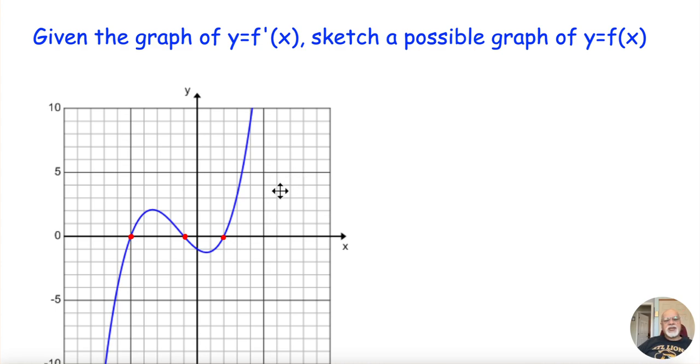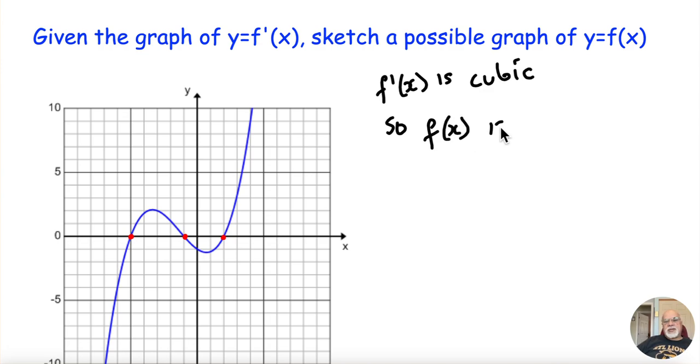So given that this is a cubic function, f of x must have been quartic. So maybe I'll just make a note of that here. So f prime of x is cubic. So f of x is quartic. And given that it's quartic, and the cubic here is going from Q3 to Q1, so its leading coefficient's positive, the quartic must also have a positive leading coefficient.